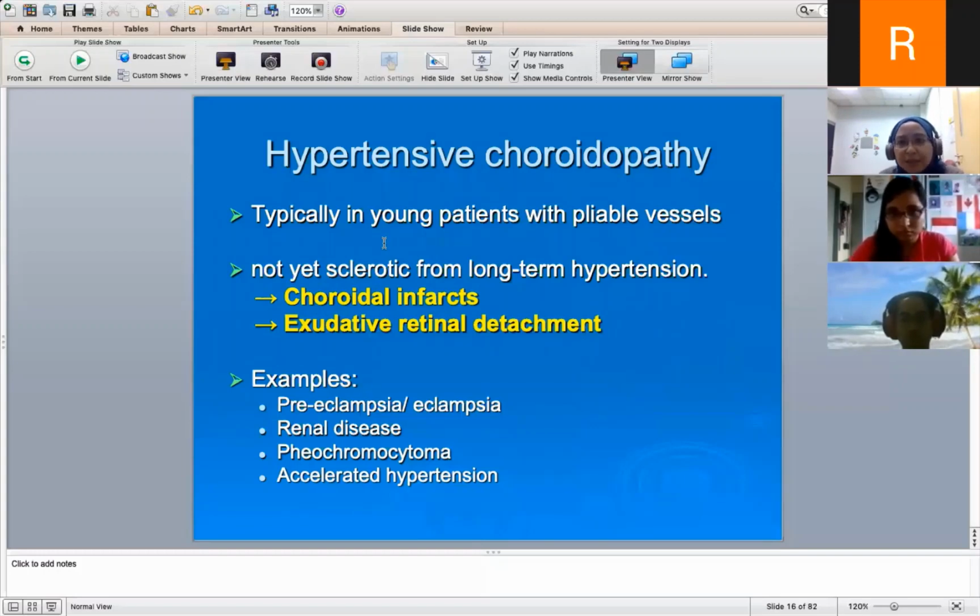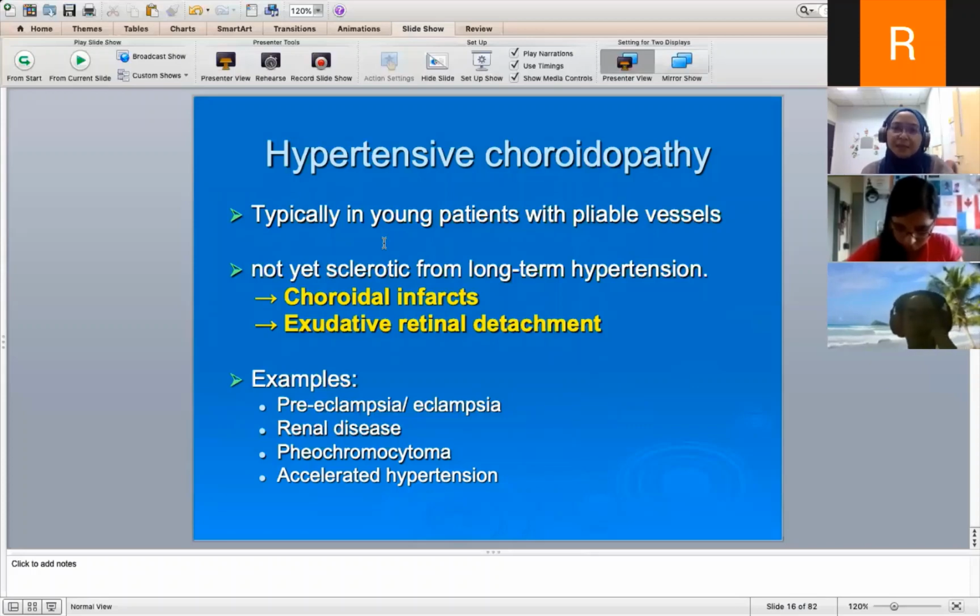Now, hypertensive choroidopathy is not a chronic hypertensive change. You see, the hypertensive grading does not include choroidopathy in there, because hypertensive retinopathy mainly talks about chronic disease. But when you get an acute rise of blood pressure, you get choroidopathy at the same time.